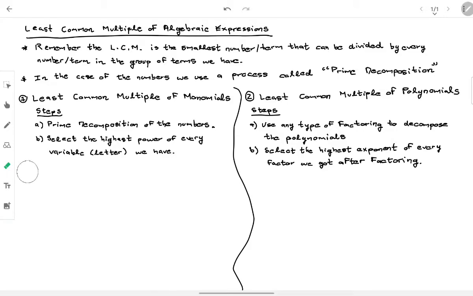So imagine, first example, is going to be obtaining the least common multiple between 180, 90, and 375. Remember, we need to use prime decomposition. So in this case, we will start with number 2, and it's going to be 90 and 45.